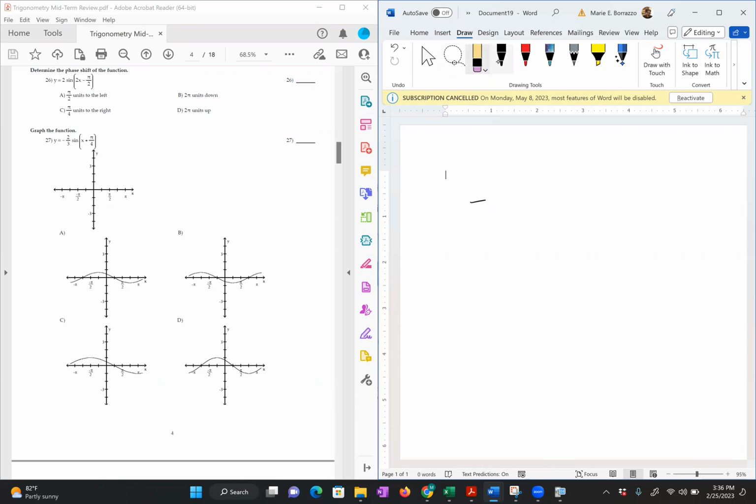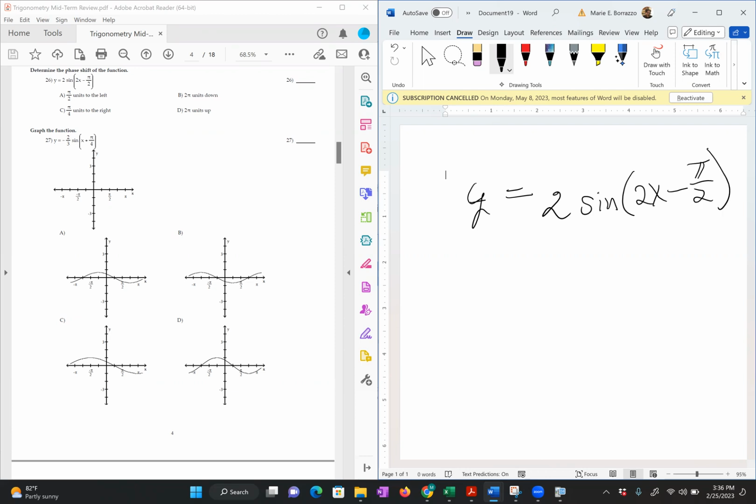This is 26, let me go back. This is actually y equals 2 sine 2x minus pi over 2.